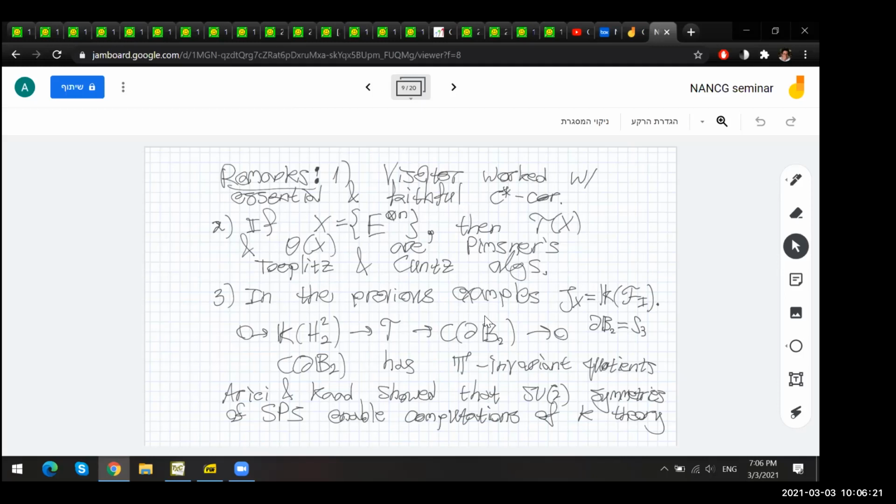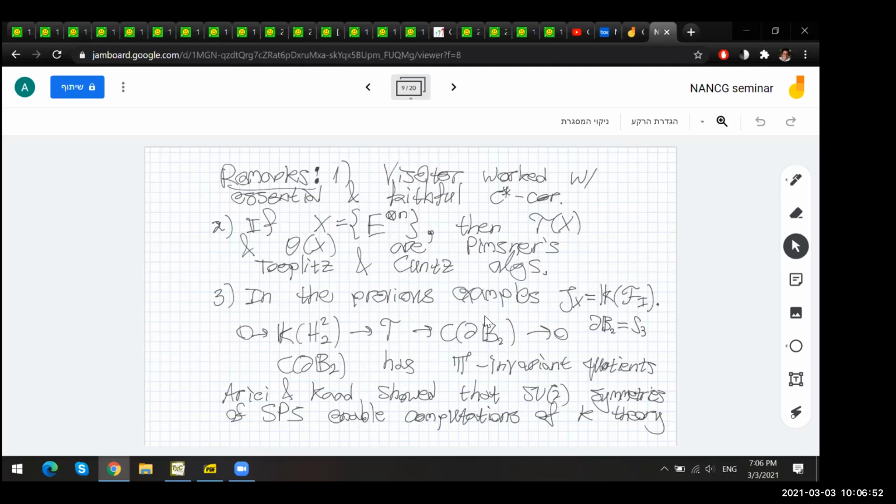But if you add the SU2 symmetry, then it is the unique smallest quotient that is still SU2 symmetric. That's really great. I already mentioned that Viselter asked, is there some kind of gauge invariant uniqueness theorem? And then Arici and Kakariadis also asked, is there some kind of SU2 gauge invariant uniqueness theorem?